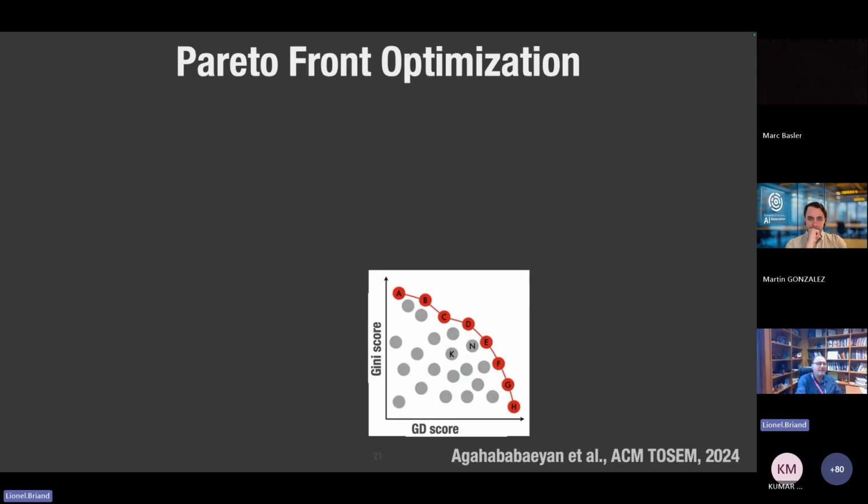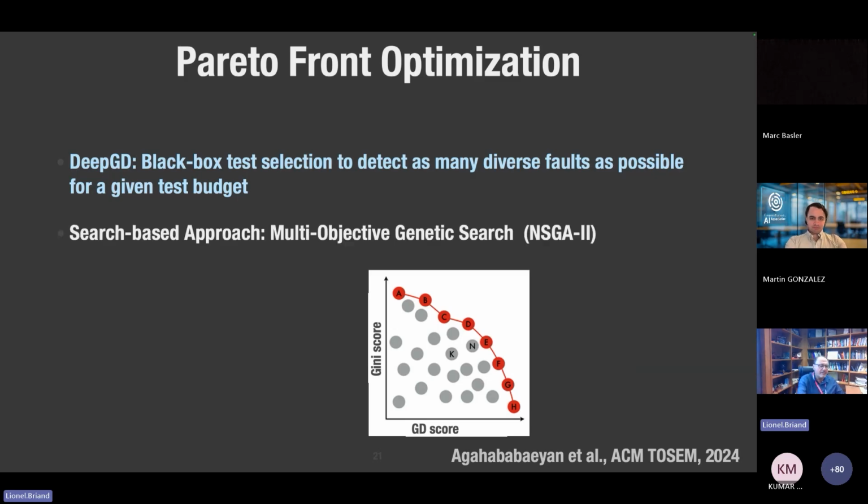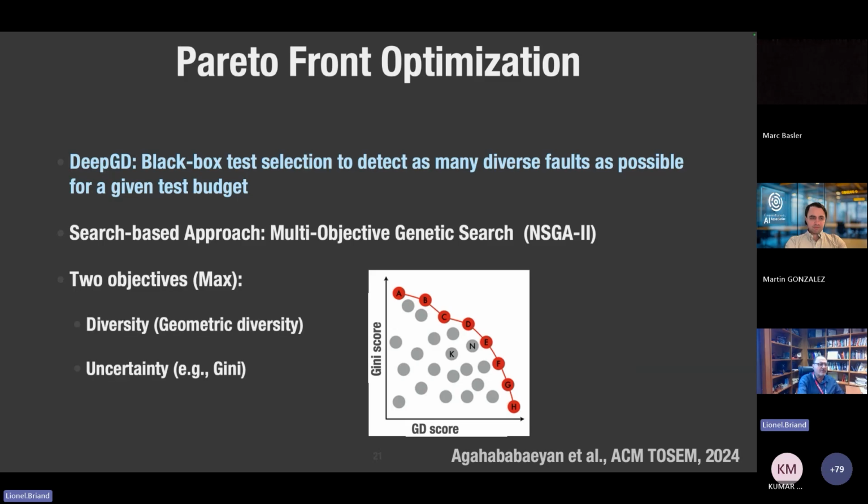And then the problem of selecting a set of images became a Pareto front optimization problem, where we try to determine, using those search algorithms I've mentioned from evolutionary computing, in particular the well-known NSGA2 algorithm, the Pareto front in the space of Gini scores measuring the uncertainty of predictions and our geometric diversity score as computed on the previous slide.